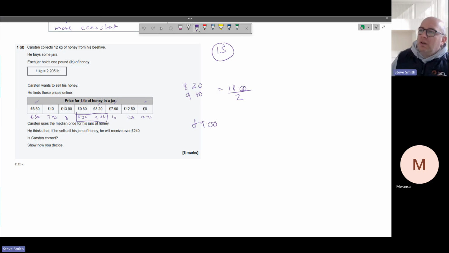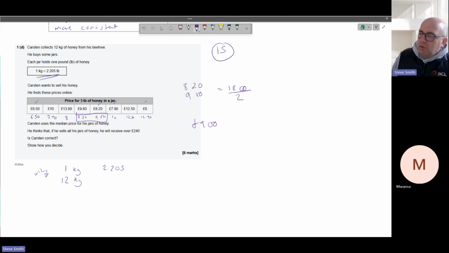Right, so now we know that he's got 12 kilograms of honey. To work out how many pounds are in 12 kilograms, we need to use this formula here. It says that for every 1 kilogram, there are 2.205 pounds. We want 12, so we've increased that number by 12.